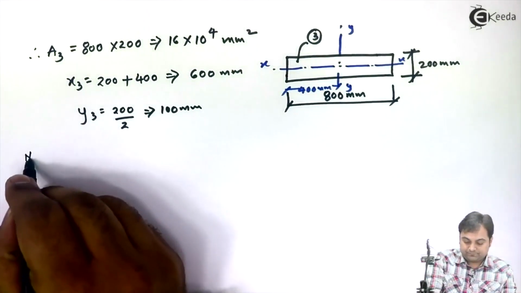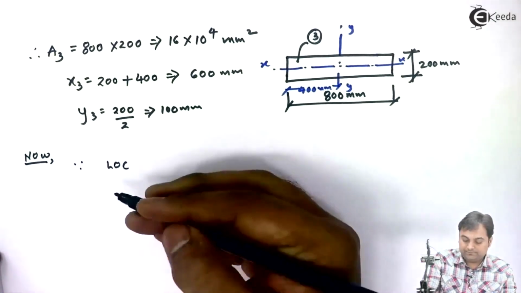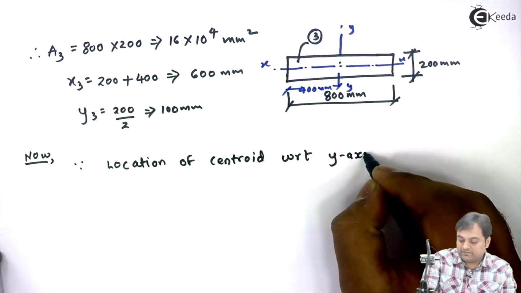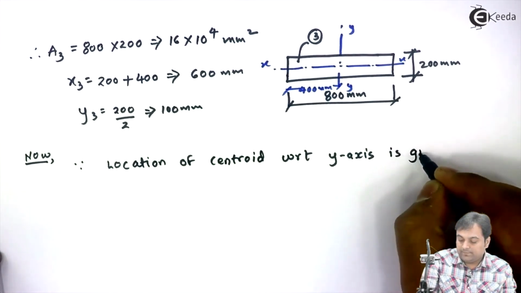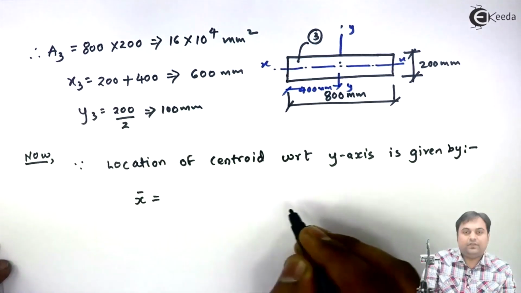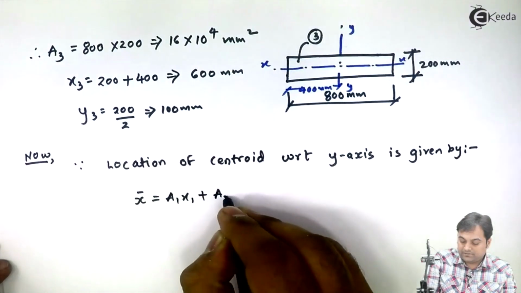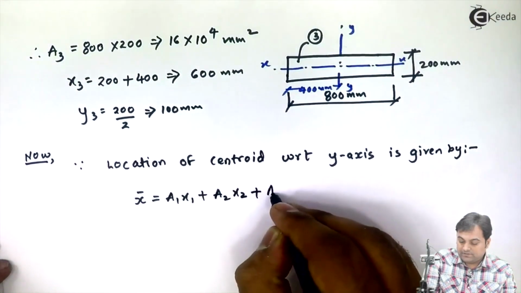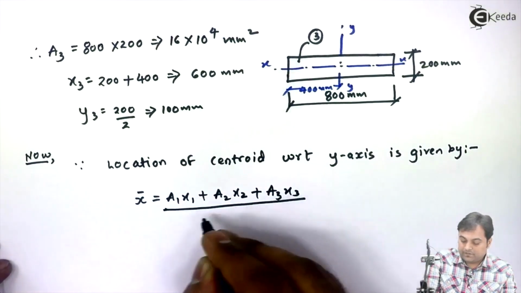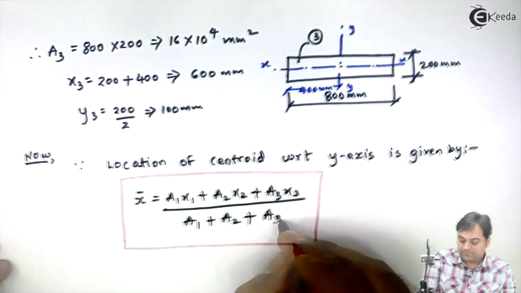I'll say that since the location of the centroid with respect to the y-axis is given by x bar is equal to a1x1 plus a2x2 plus a3x3 upon a1 plus a2 plus a3.